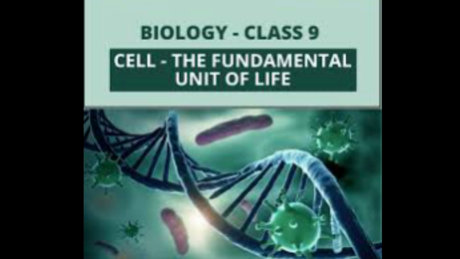What are living organisms made up of? Living organisms are made up of cells. Cell is the basic structural and functional unit. We know that all living organisms are made up of cells.